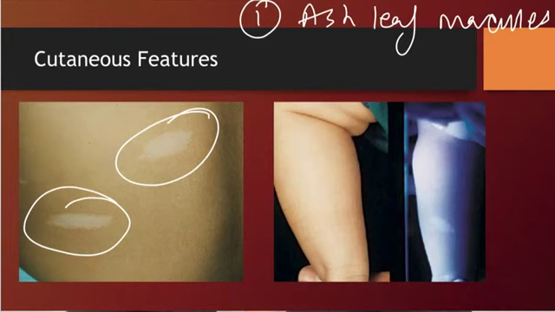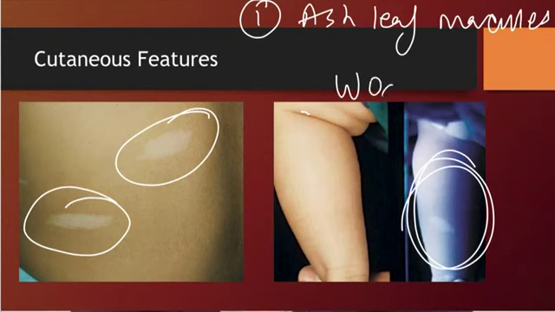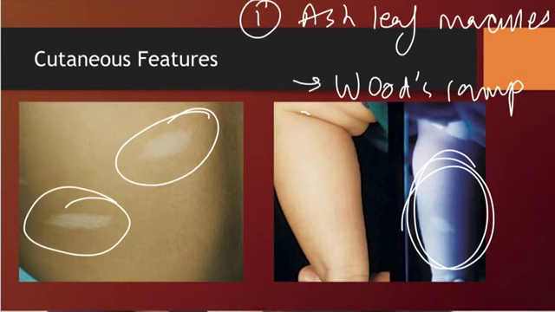One important fact here is that they appear bright on Wood's lamp examination. Ash leaf macules will be picked up better on Wood's lamp examination than normal clinical examination. So these were the ash leaf macules, which are a major criterion of tuberous sclerosis.